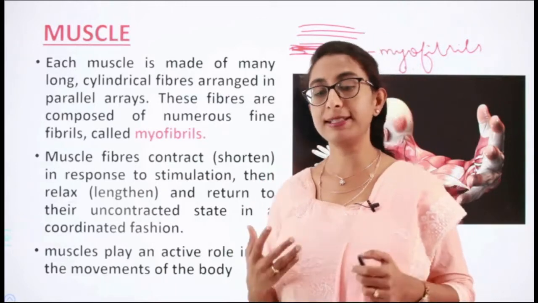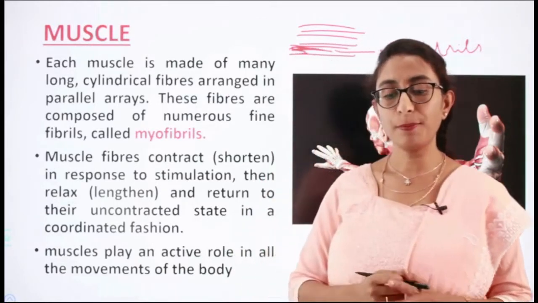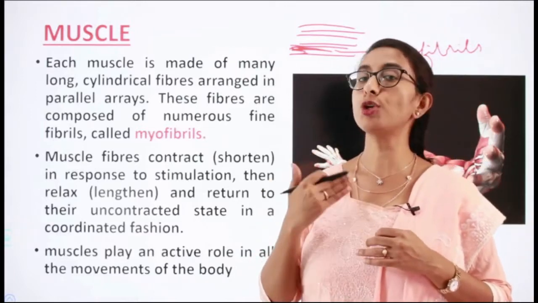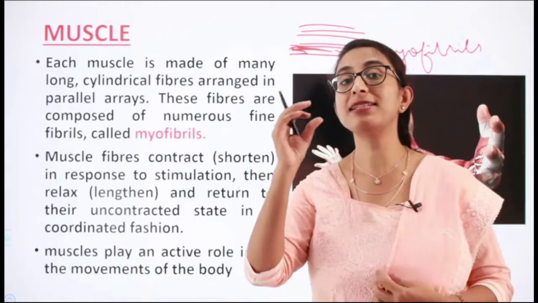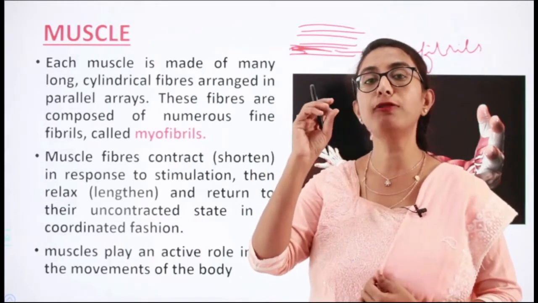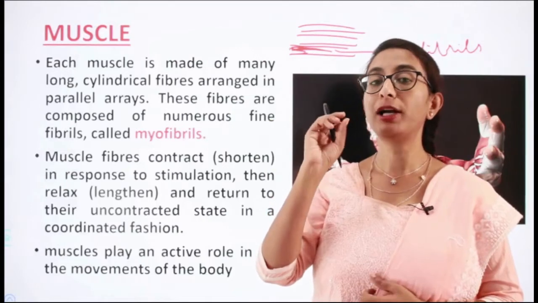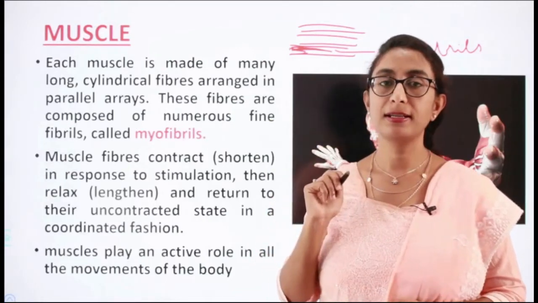Did you understand muscle? Muscle is made up of long cylindrical fibers arranged in parallel fashion to one another, and these muscle fibers are composed of tiny fibrils called myofibrils.